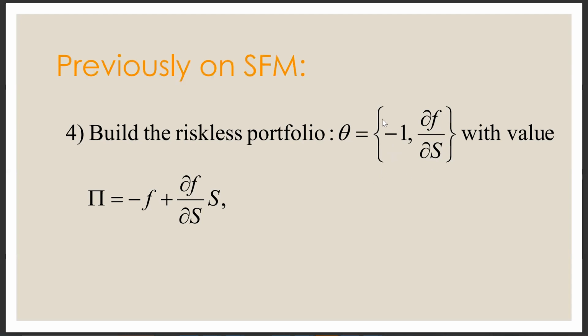So if we multiply minus 1, the amount, by the price f, it will be minus f, and this amount by the price multiplied by S, and it will be the value of the portfolio.